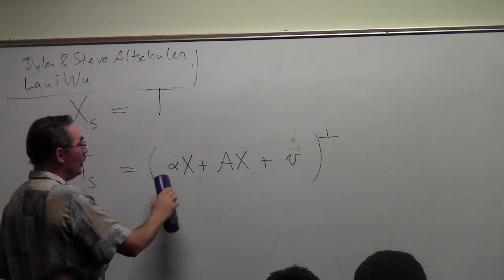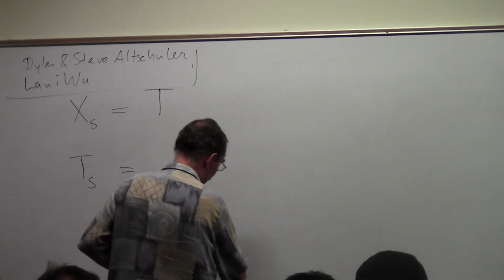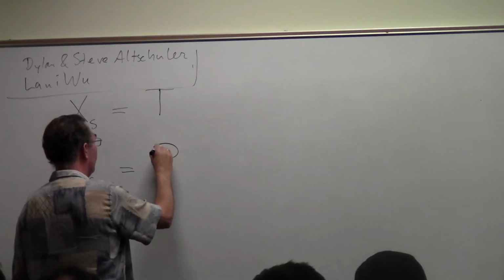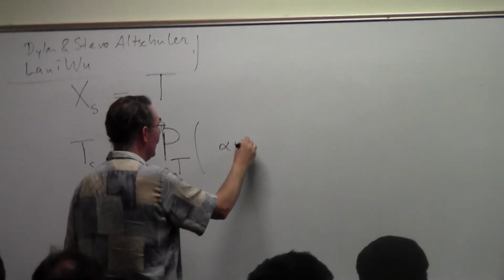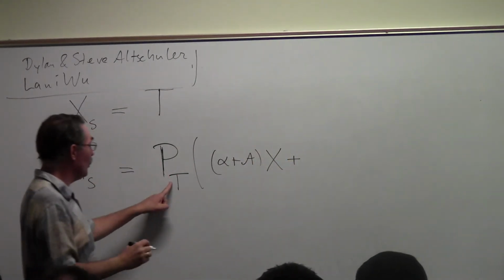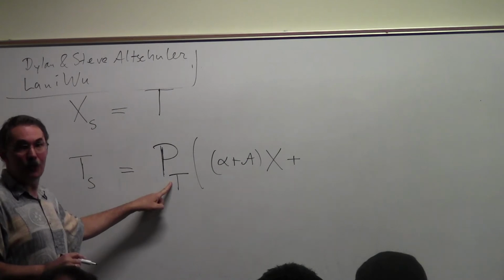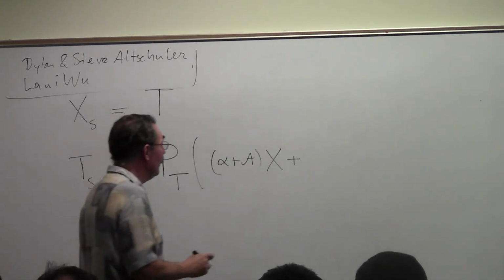And what is taking the orthogonal component? That's the projection operator that I talked about, alpha plus A. This projection removes the tangential component of T. It's the orthogonal projection along T.